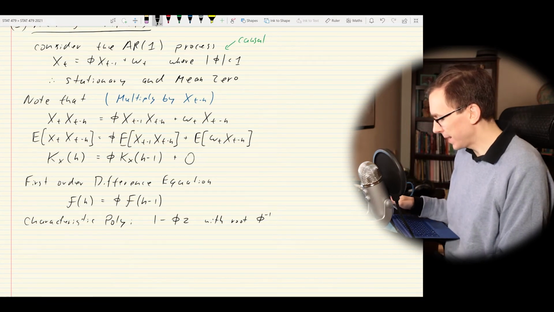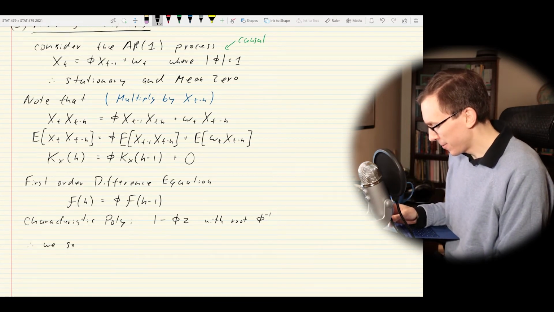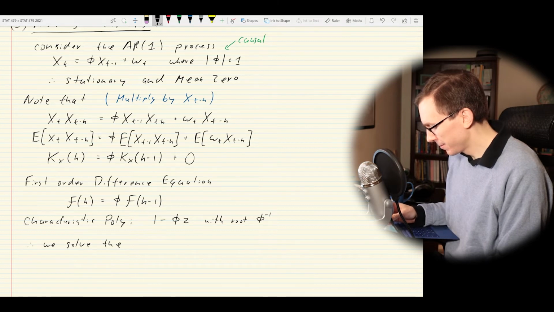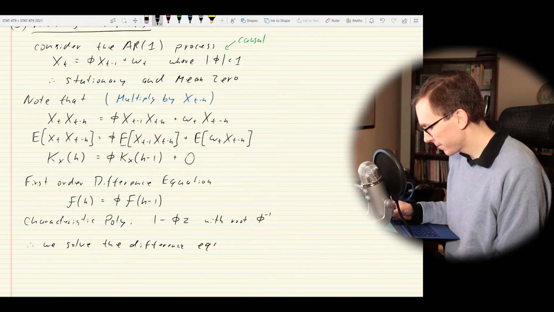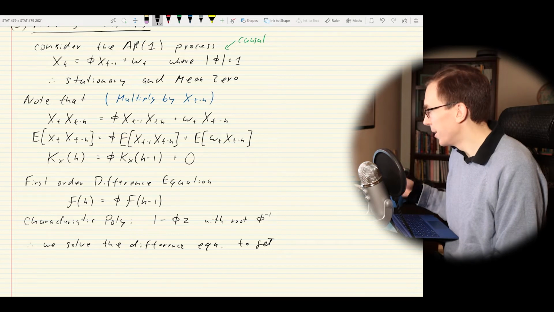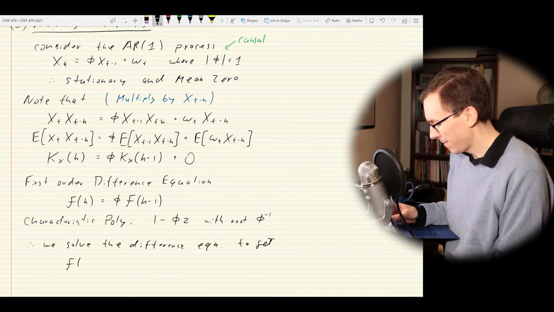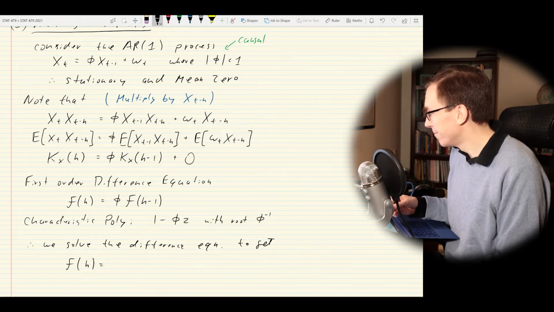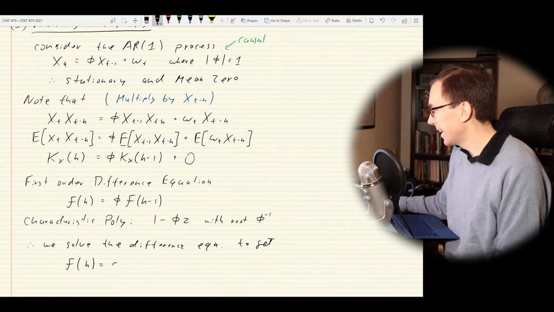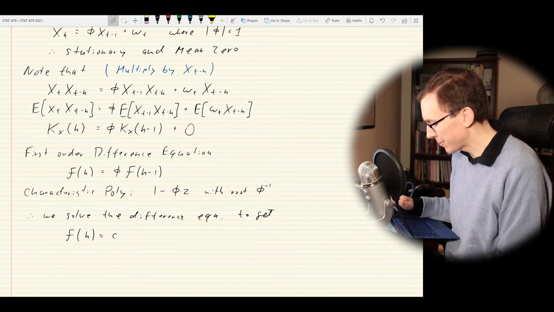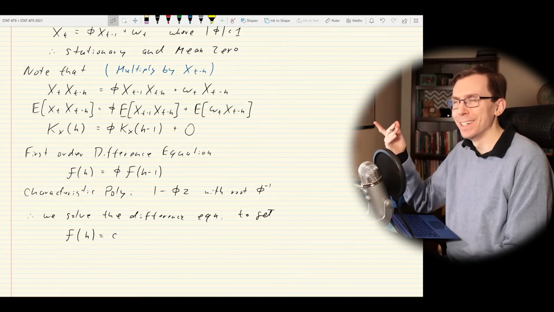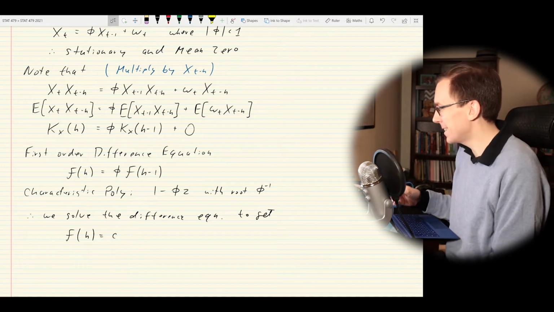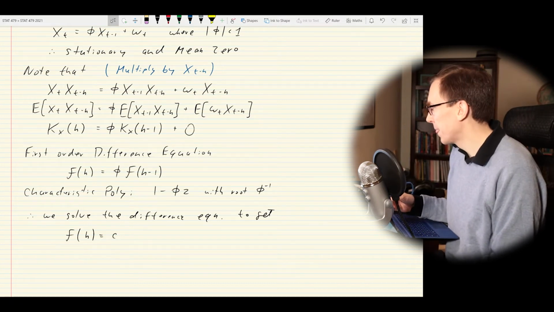By solving this, we solve the difference equation. What are we going to get? f of h is going to be some constant c. Much like in differential equations, you have some arbitrary constant out front, which can be whatever you want.